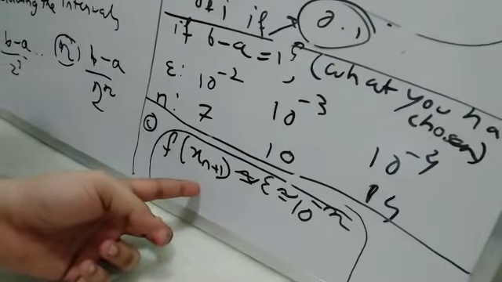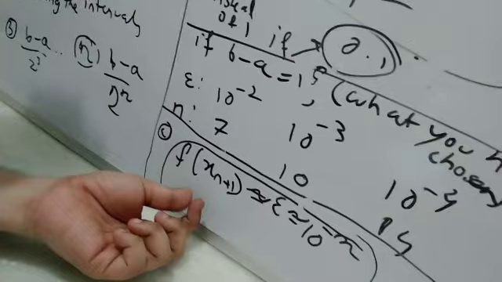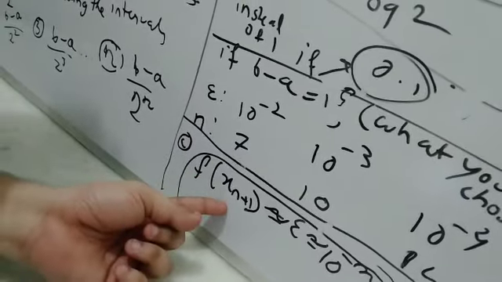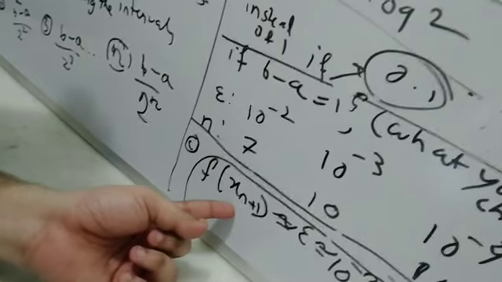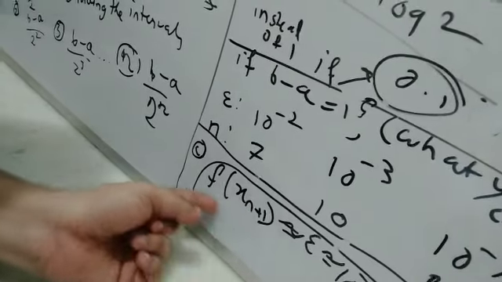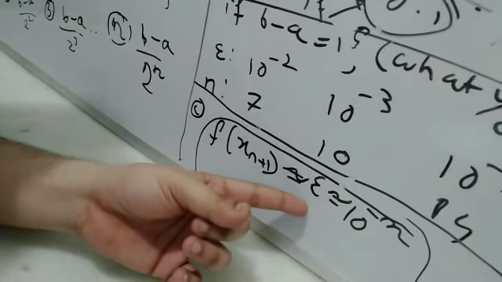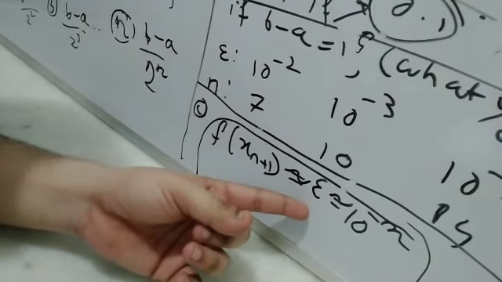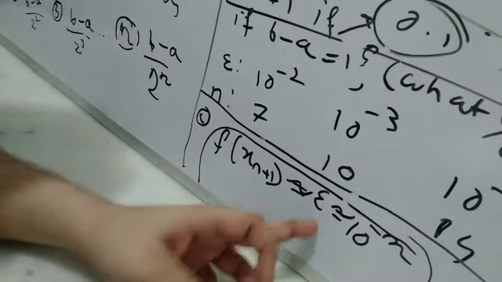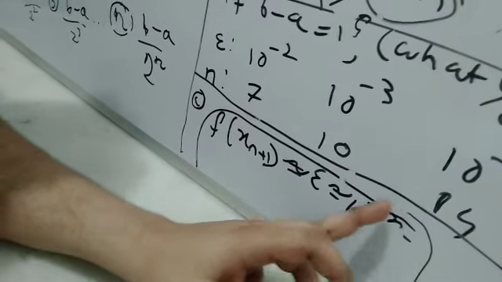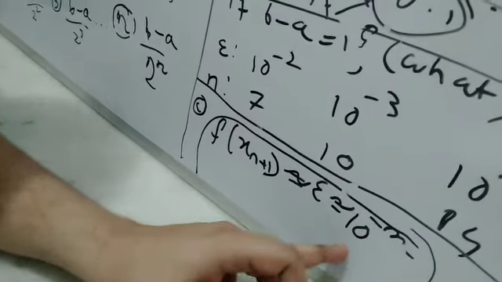Or you can say there is another way of writing, find the function value at each point. Suppose I am reaching the n plus 1 step, just calculate the function value. If that function value is very, very close to this one, or it crossed this limit, this one is already given in the question, then you can stop there only.